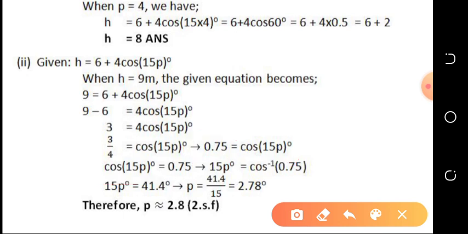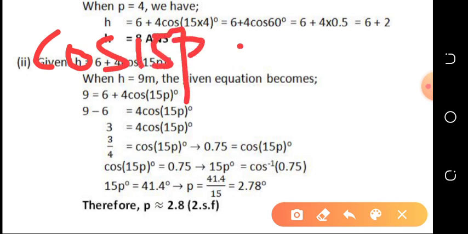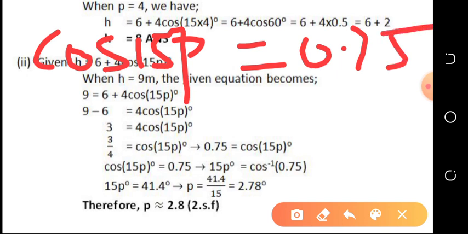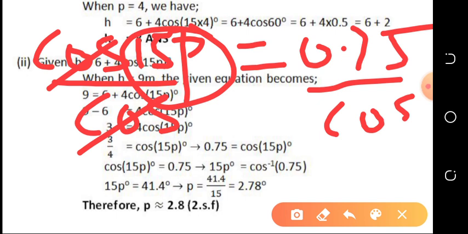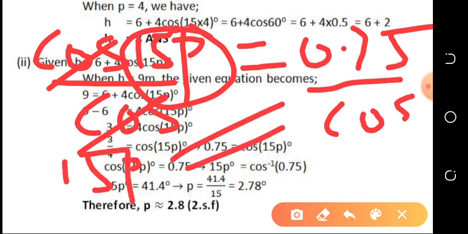If you have cos 15P equal to 0.75, how do we do that? Divide both sides by cos. You have this cos cancel this cos. What is left here is just 15P. You have 15P is equal to 0.75 divided by cos.